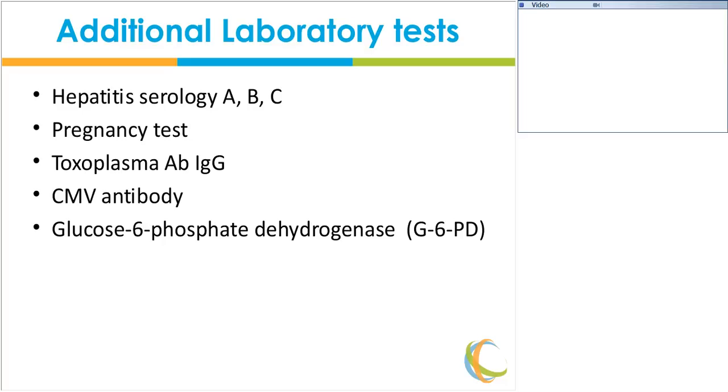Testing for toxoplasma antibody will detect a latent infection with Toxoplasma gondii. An emerging toxoplasmosis infection, a new acute infection, almost exclusively occurs because of reactivation of latent tissue cysts. If the patient is positive, this will be important if their CD4 count is less than 100 cells per cubic millimeter, because they will need prophylaxis.